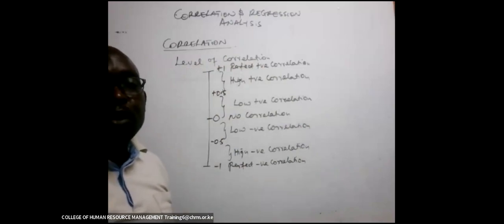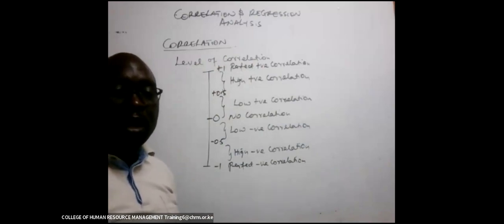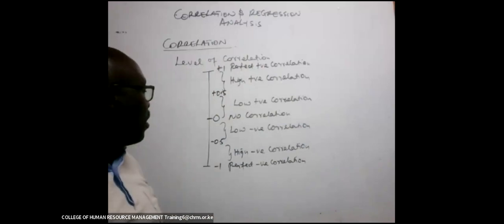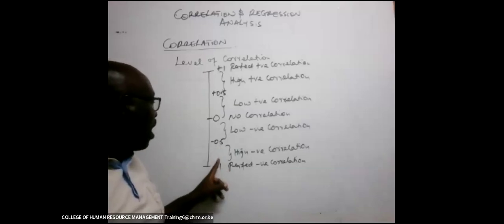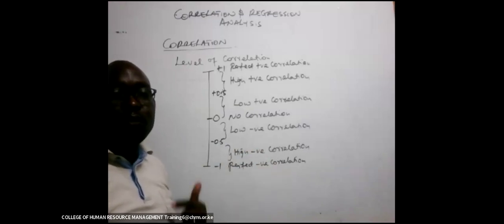Then you would simply comment and say that there is a high positive correlation between, for example, income and expenditure. If you calculate and your answer is negative, for example -0.75, negative means that your answer is here. There is a high negative correlation between the variables you are using to calculate the correlation. So this table is very important for you to have.